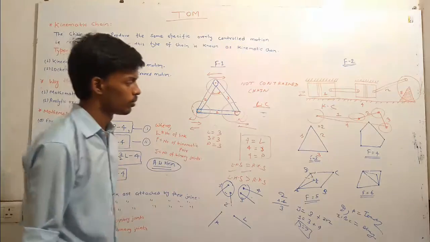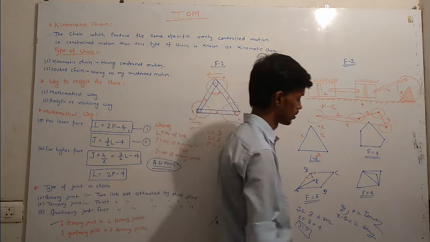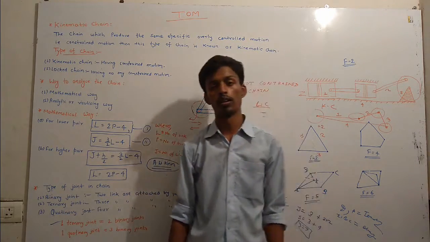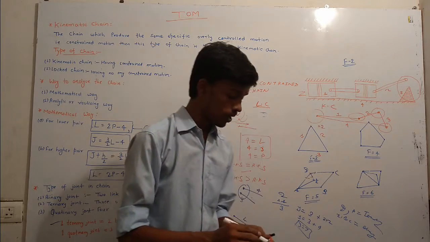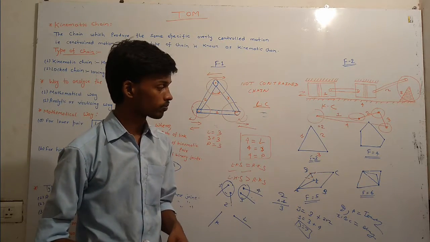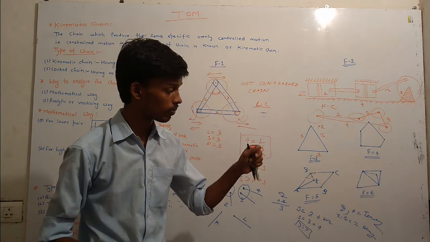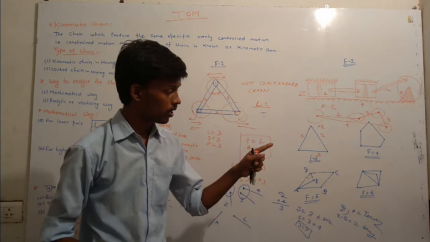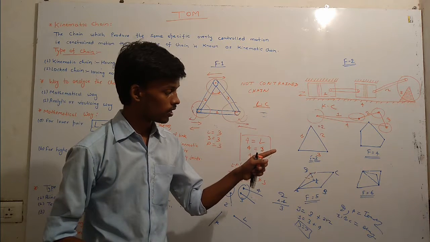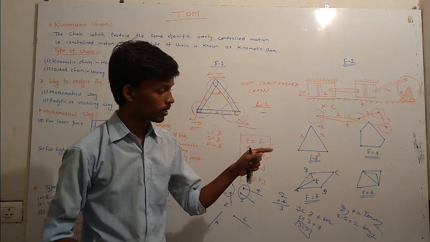Similarly, we can find this for figure number 6. It is your homework. Please try to find out the number of binary joints available in figure number 6, and the number of ternary joints and quaternary joints available in figure number 6.